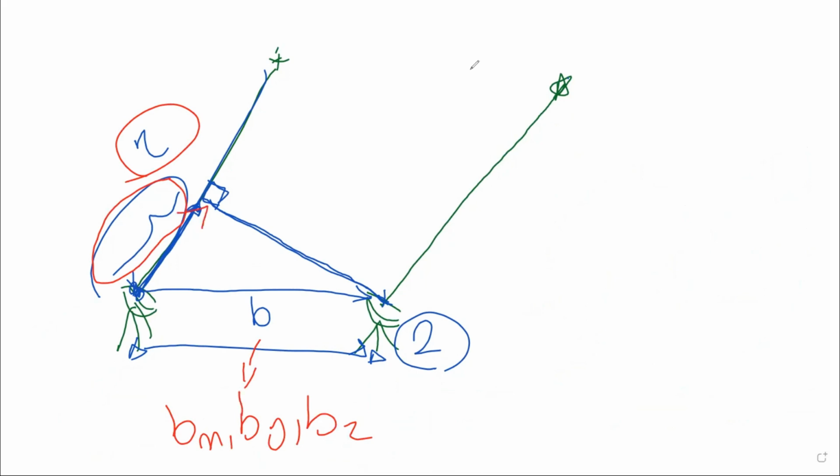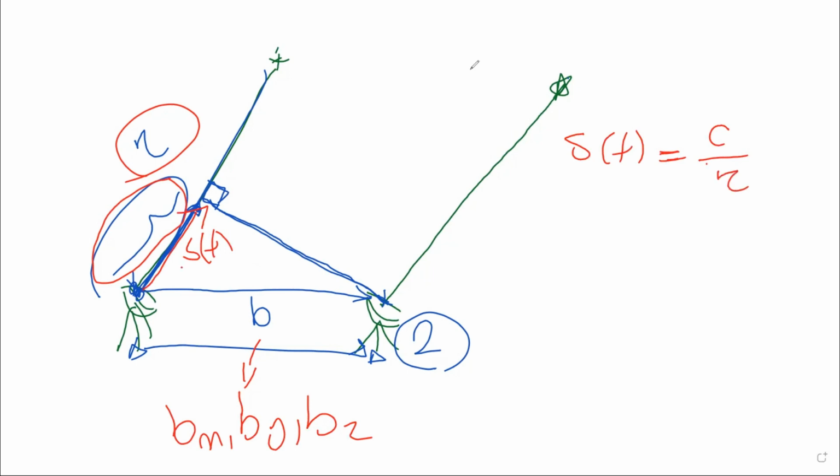So let me call this one S. S is a function of time. This S can be written as a distance: S equals the speed of the signal, which is equal to the speed of light, times the time.